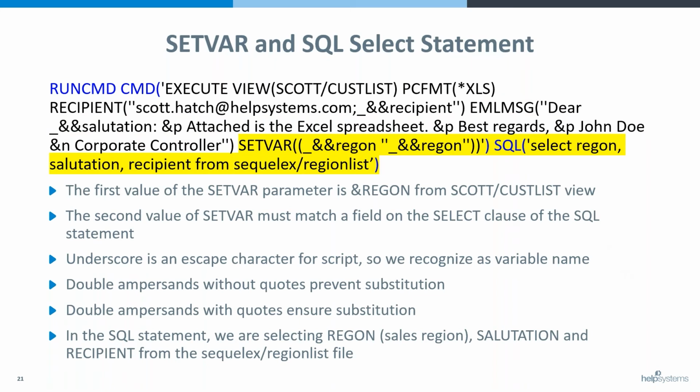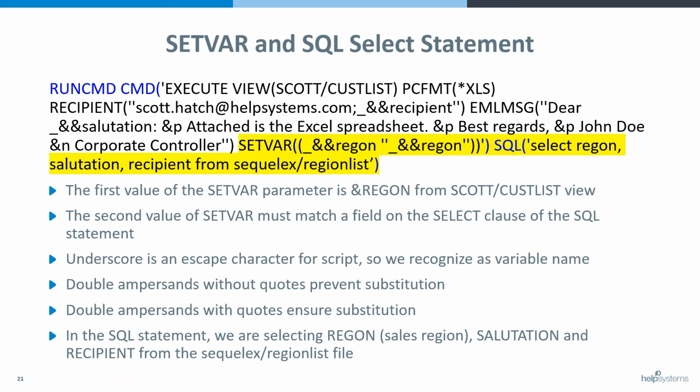We next use the SETVAR and SQL statements. The first value from the SETVAR parameter is the &region from the CUSTLIST view. The second value of the SETVAR must match a field on the select clause of the SQL statement. Underscore is an escape character for script so we recognize it as a variable name.